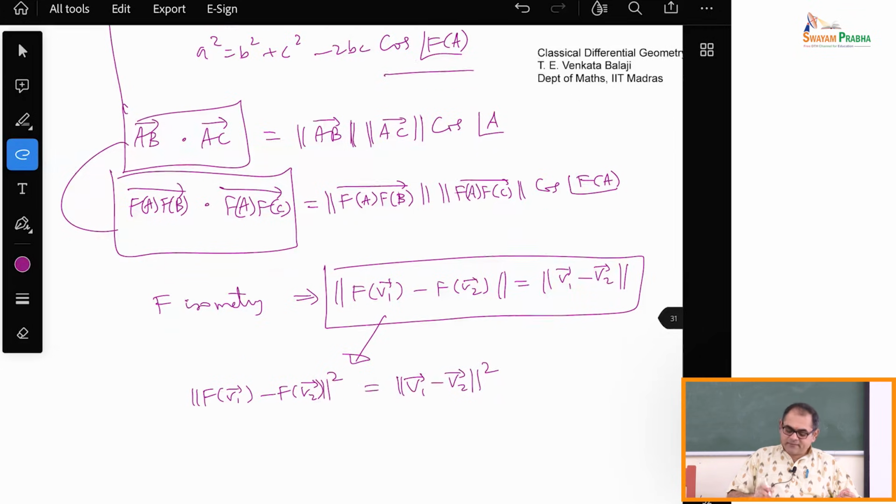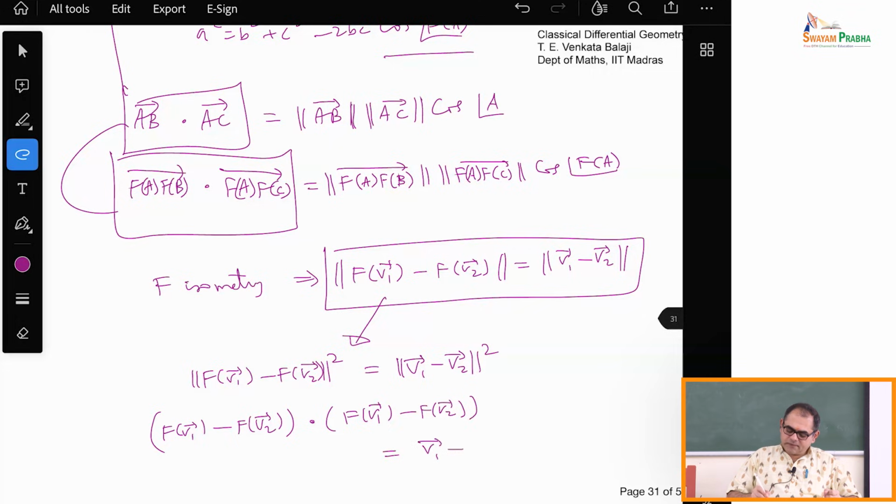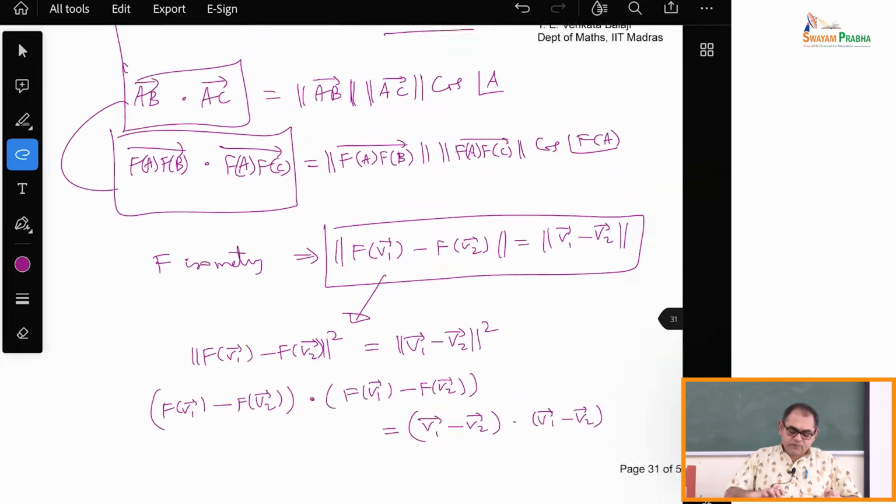All right, and then use the fact that the norm squared is the vector dotted with itself. So this will be f(v1) minus f(v2) dotted with itself, is equal to v1 minus v2 dotted with itself, okay. And then, let me draw a picture here.